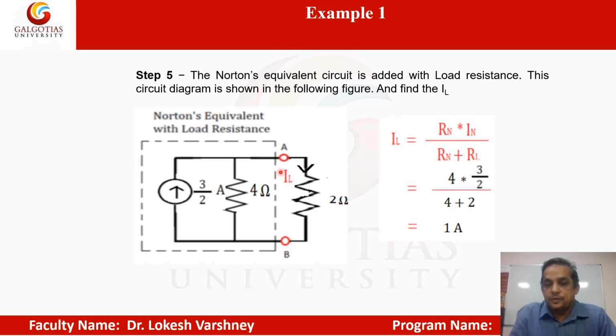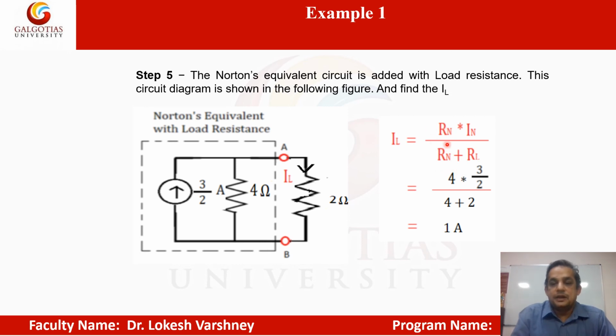Now we calculate the IL. Here simply the current division rule is applied. IN is 3/2, RN is 4, and here is the total resistance.